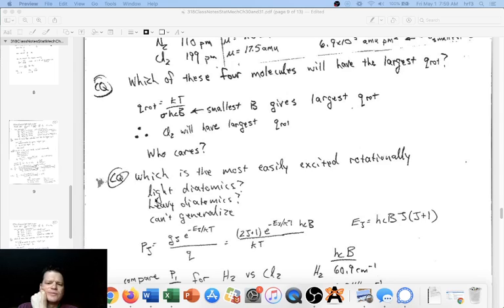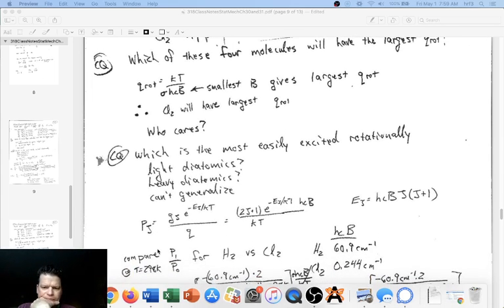Well, it is relevant because now let's think about this question. Which molecule would be most easily excited rotationally? Would you think it would be a light diatomic or a heavy diatomic, or maybe we can't generalize? Well, the P_J is going to be the degeneracy times e to the negative E_J over kT, divided by q.